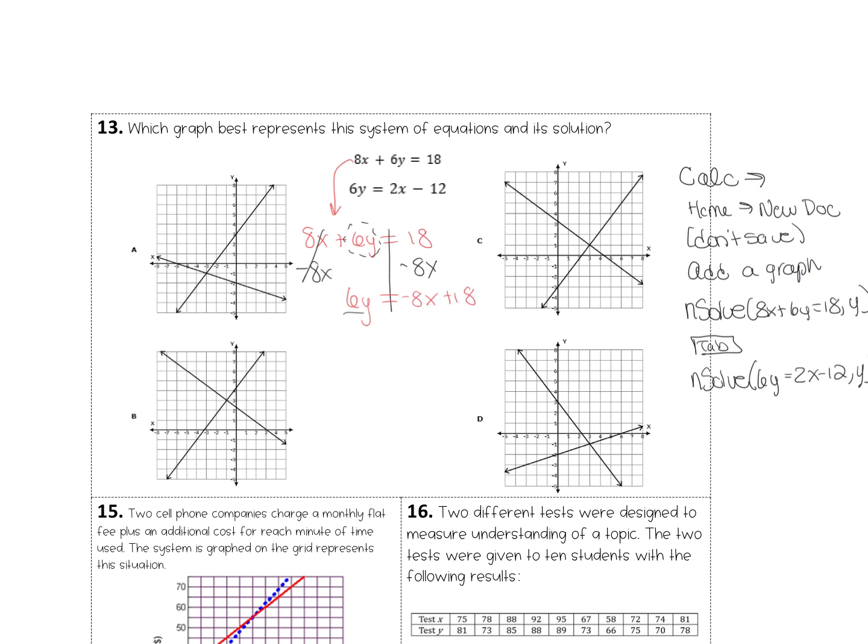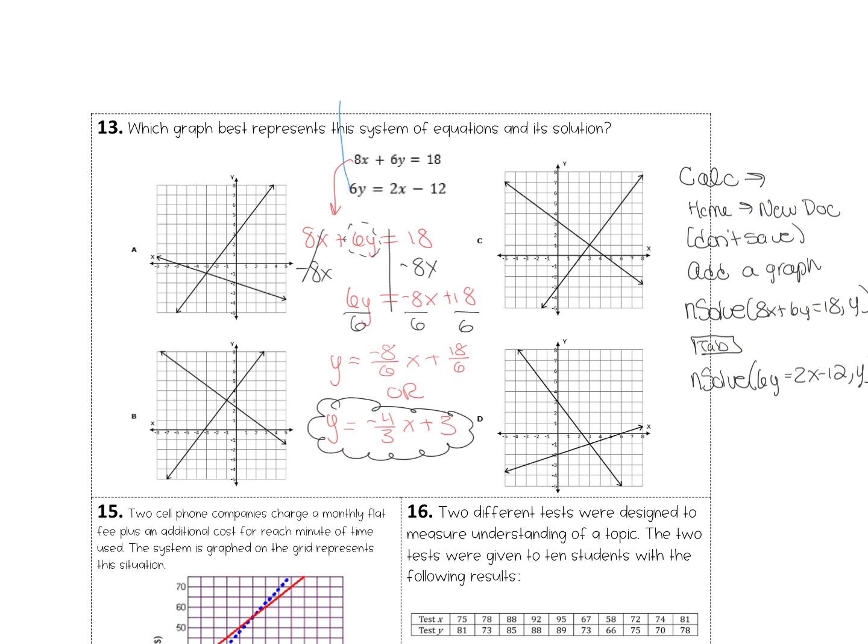Then you have to divide everyone by a 6. And you can leave it as y equals negative 8 over 6x plus 18 over 6, or you can reduce them. Y equals negative 4 over 3x plus 3. You're going to put this in Desmos.